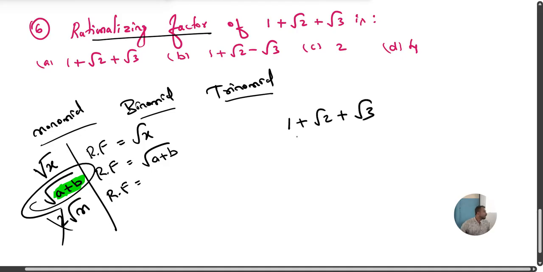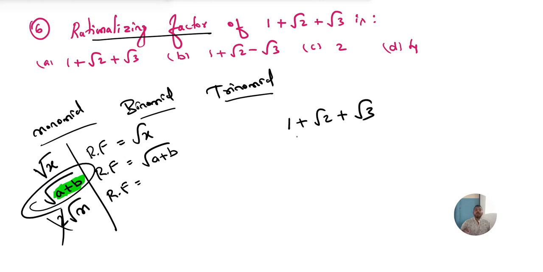So here, what I will be doing for this, I am going to assume 1 plus root 2 as one surd. Just now we wrote one number and one surd, just like binomial. I am saying 2 plus root 3. Remember, one natural number with one surd, this whole term we will treat as a.